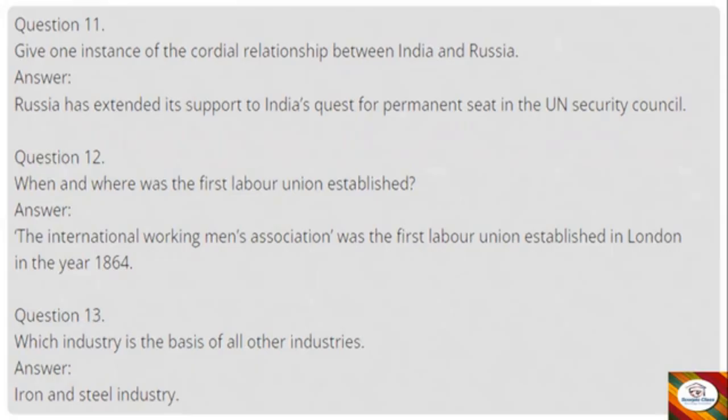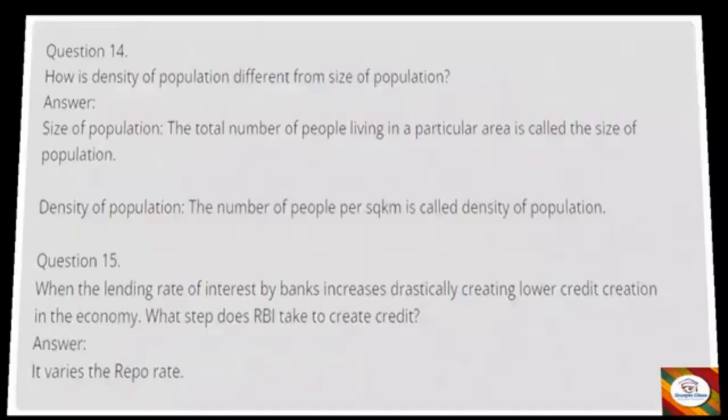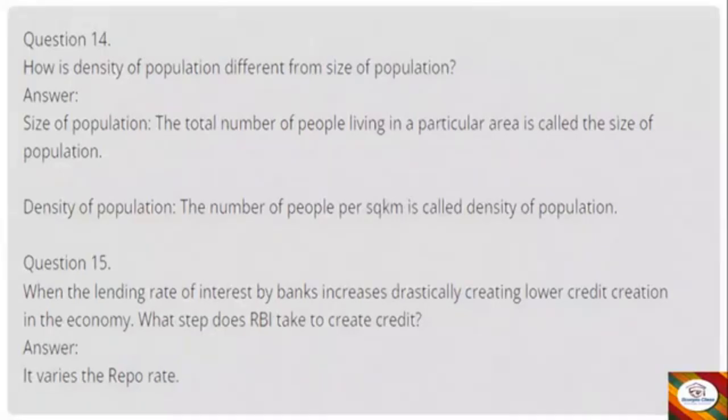Question 13. Which industry is the basis of all other industries? Answer. Iron and steel industry. So the iron and steel industry is the basis of all the other industries. Question 14. How is density of population different from size of population? Answer.